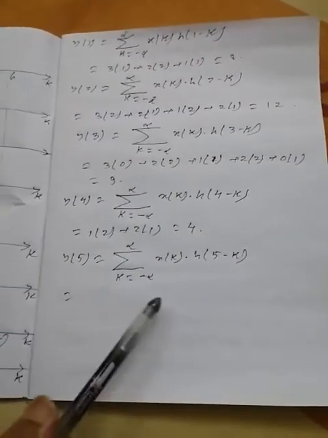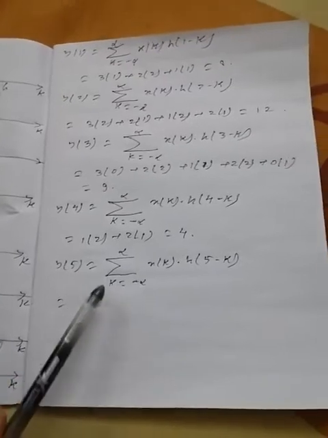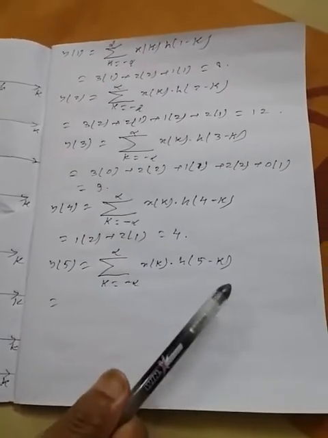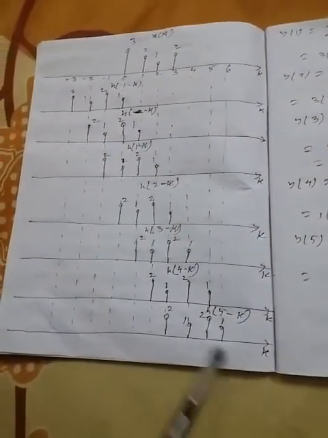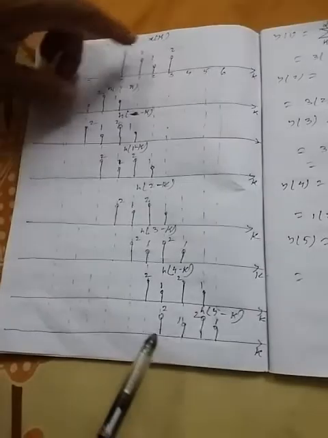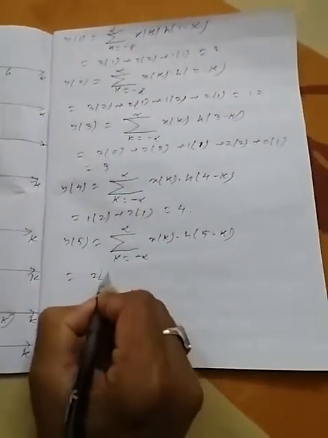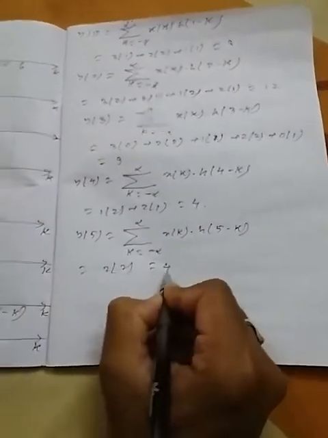So y5 will be equal to summation k equal to minus infinity to infinity x of k into h of 5 minus k. The graph of h of 5 minus k is this. Okay, so from here we can see that 2 is multiplied with 2, otherwise all elements are 0. So here is 2 into 2, that makes it 4.